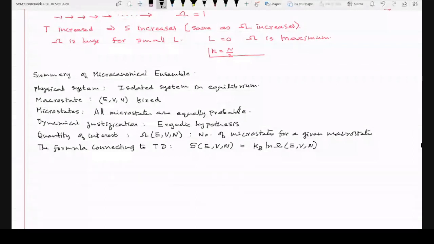Then we have a general description that we can have a system which is in general macroscopic.